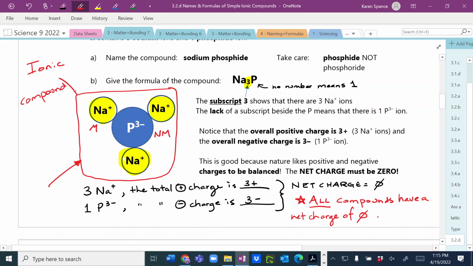But what else can we call this single unit of this ionic compound? Is that a molecule? This is not a molecule, it is a formula unit.